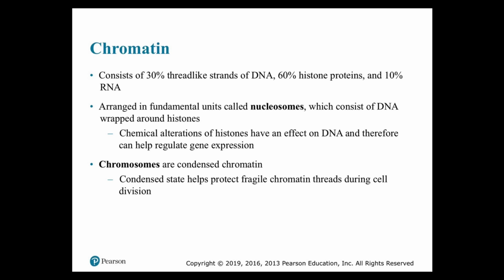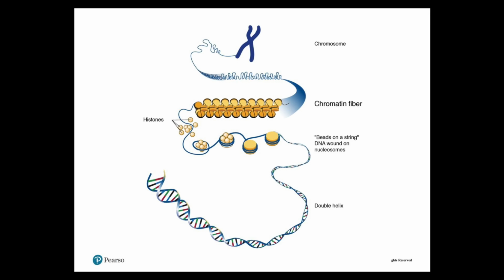Chromosomes are, when we see chromosomes, they're basically condensed chromatin. So chromatin that has been wrapped really tightly. The condensed state helps protect fragile chromatin threads during cell division. This figure shows the structure of a chromosome.